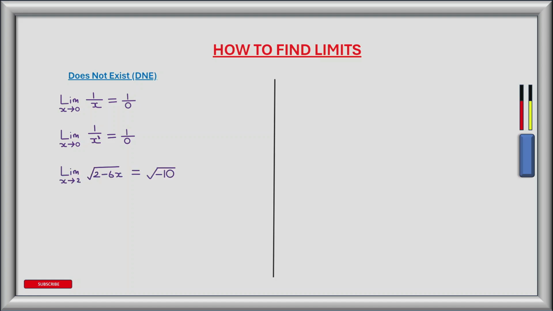And finally, if we look at trying to find the limit as x tends to 2 of the square root of 2 minus 6x, if we substitute the value of 2 in for x, we get the square root of minus 10. Now we cannot find the limit of the square root of a negative number.